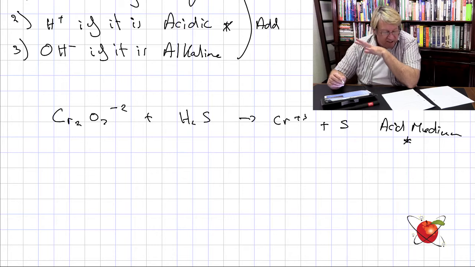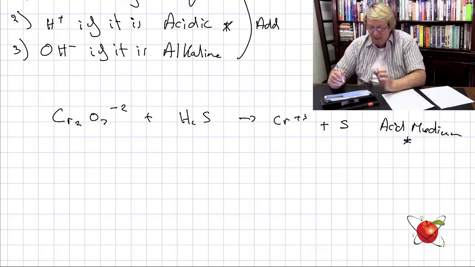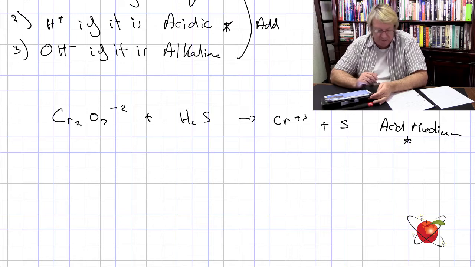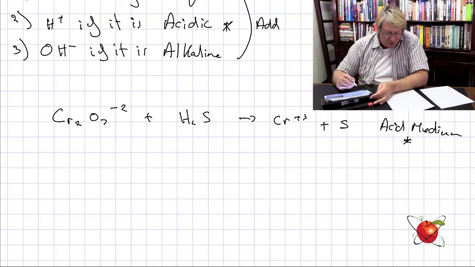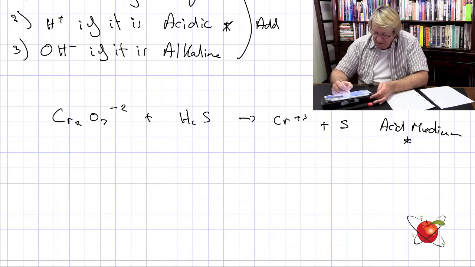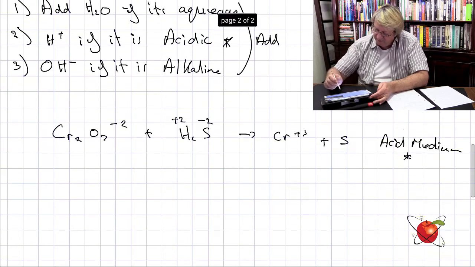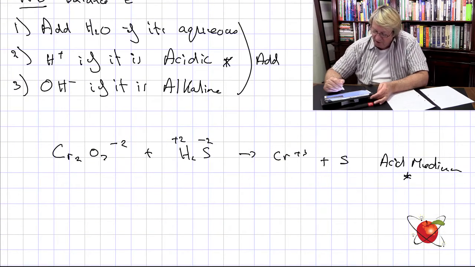Okay. Now in this case, we say, all right, let's just see what happens. Let's assign oxidation numbers, right? First of all, let's assign to H2 and S. Well, okay, the sulfur is the most electronegative, so it's minus 2, and there's a plus 2, right? Let us now go over, okay, let's have a look.